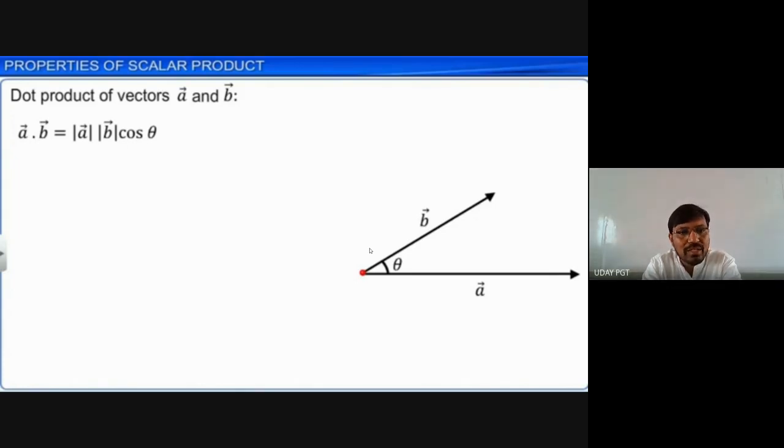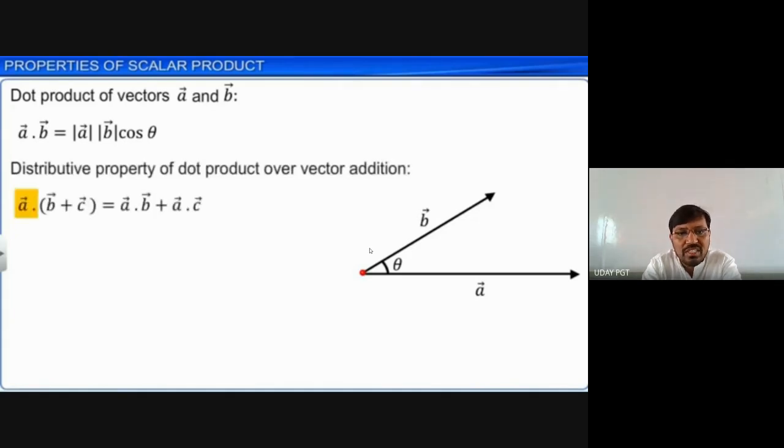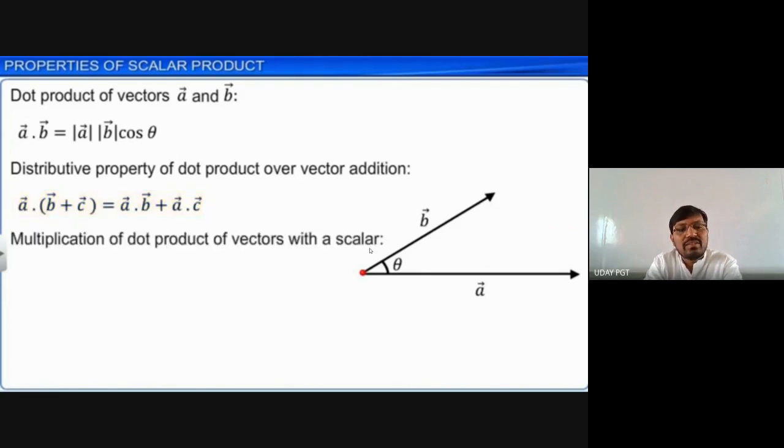Then the distributive property of the dot product over the vector addition will be satisfied, that is a bar dot (b bar plus c bar) is equal to a bar dot b bar plus a bar dot c bar. So the dot product will satisfy it.